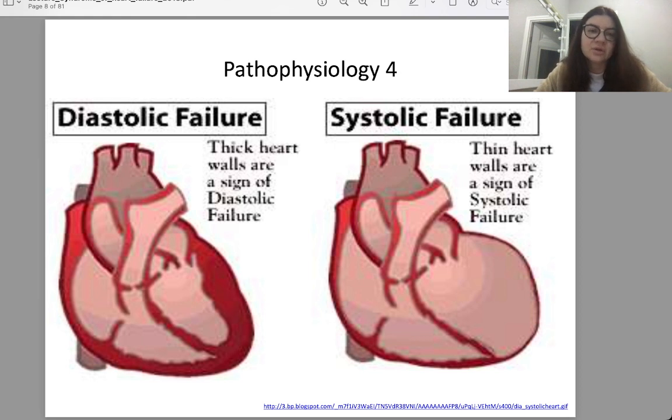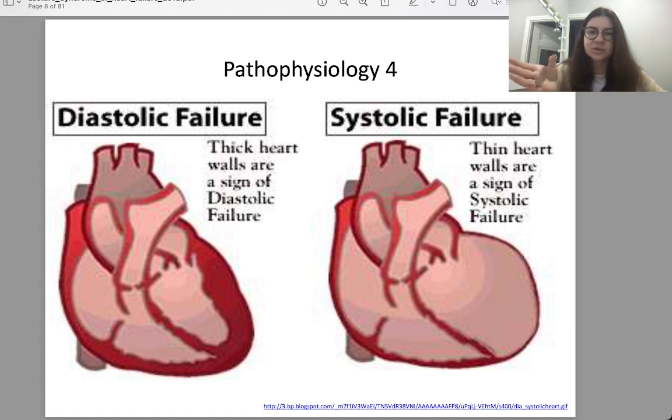We talked several times about systolic and diastolic failure. The processes are a little different according to cause, and the structure of the myocardium will be different too. Like in this picture, in diastolic failure, there are usually thick heart walls, which is a sign of diastolic failure, resistant to normal relaxation.